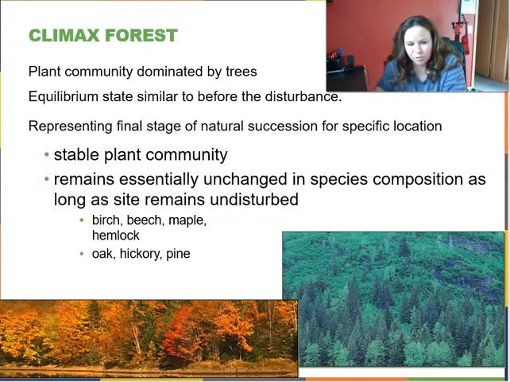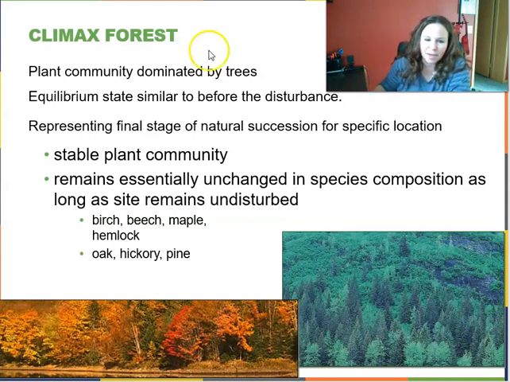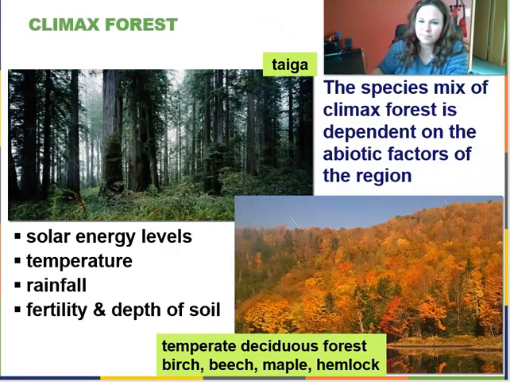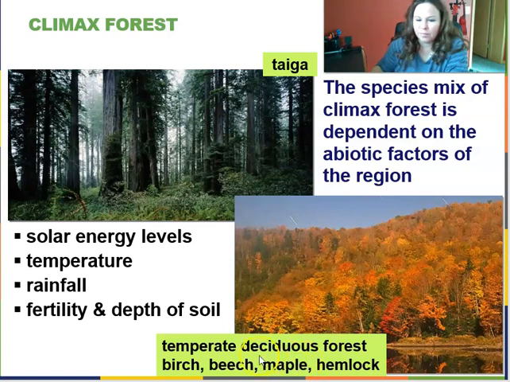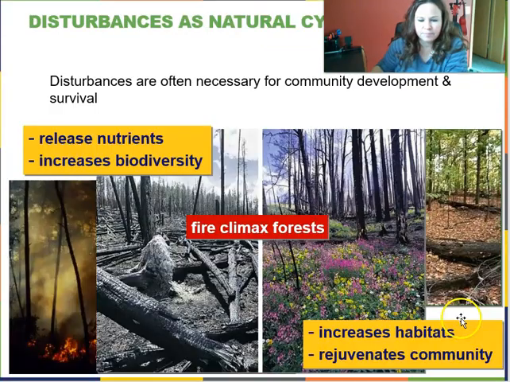Some tree species you may find in a climax forest include birch, beech, maple, hemlock, oak, hickory, and pine. Kind of reminds me of some of our Minnesota communities. It's a taiga and a temperate deciduous forest there. Beautiful fall colors.